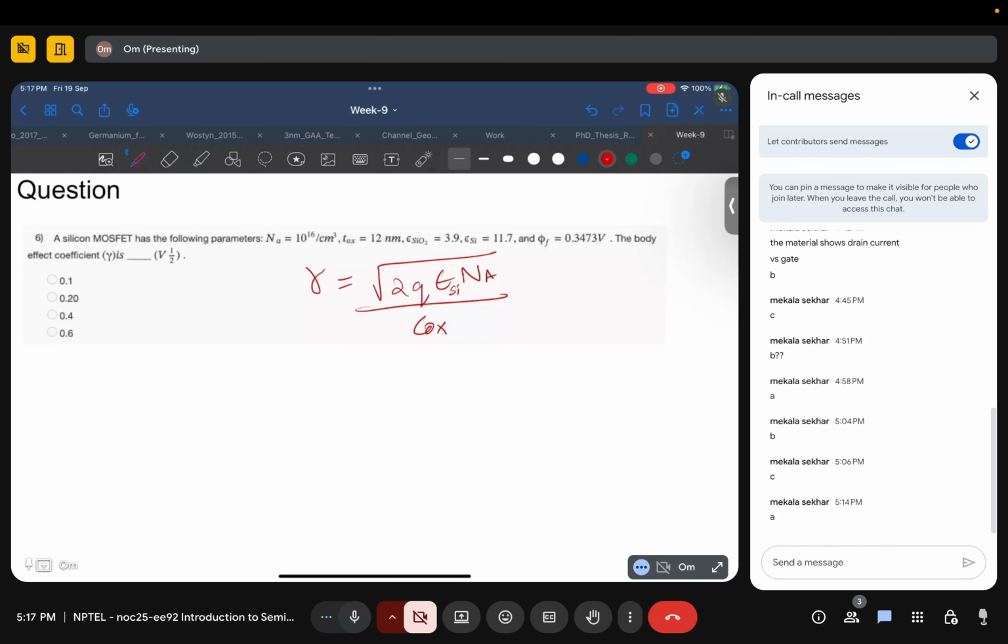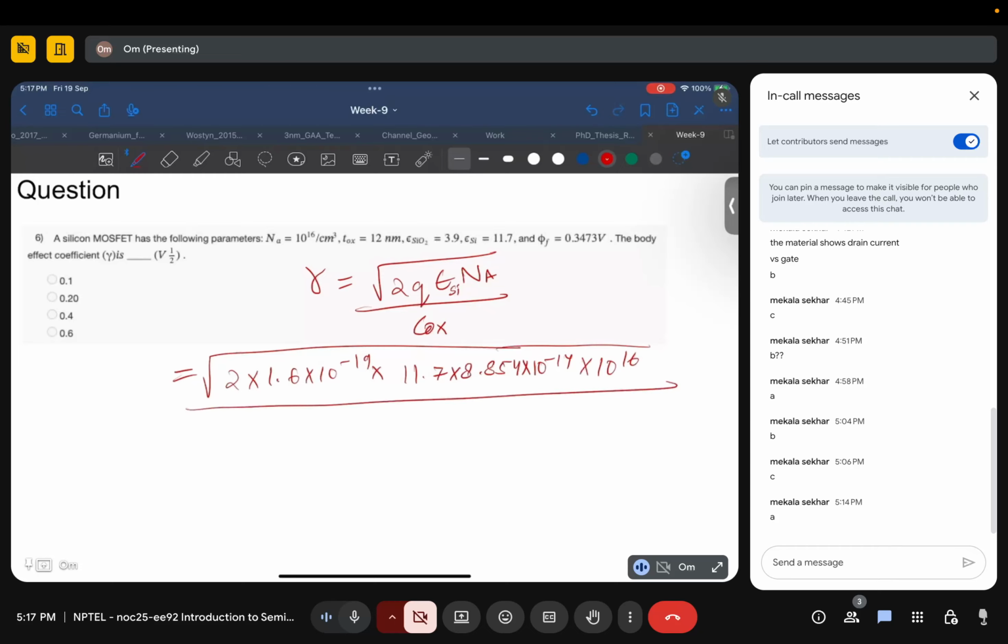Okay, so let's try to solve this. Under root 2 into 1.6 into 10 to the power minus 19. Epsilon silicon will be 11.7 into 8.854 into 10 to the power minus 14 into Na, 10 to the power 16, divided by Cox. Cox is epsilon ox by Tox.